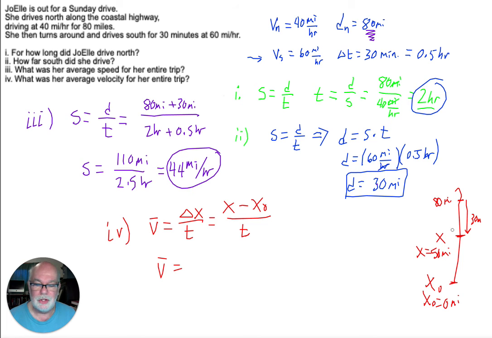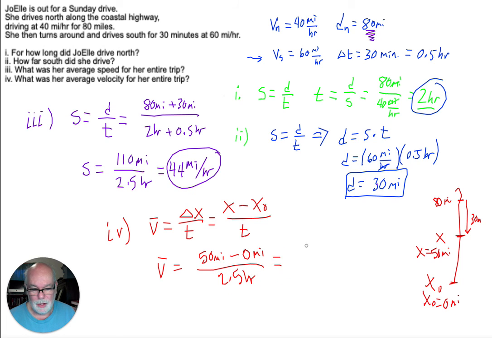That's how much her position changed. So we end up with 50 miles, her final position, minus 0 miles, which is her initial. Again, I could have chosen any number I wanted there. And we still know that it took 2.5 hours.